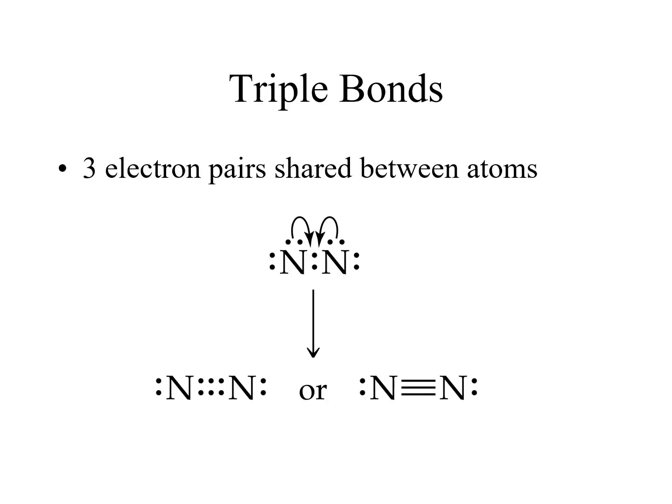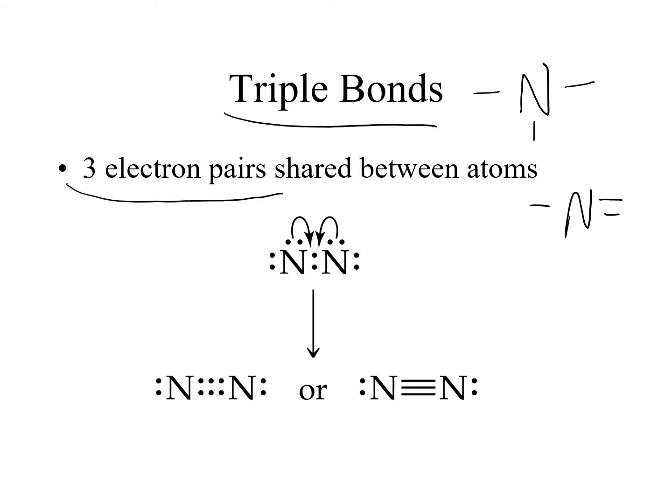Elements that can form 3 or more bonds can form what we call triple bonds. So for example, nitrogen is in column 5, so it could actually form 3 single bonds, or maybe nitrogen might form a double bond and a single bond. It's always going to have 3 bonds, but it can also form what we call a triple bond. And what a triple bond is when we have 3 electron pairs being shared between atoms.